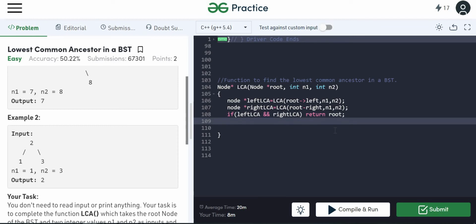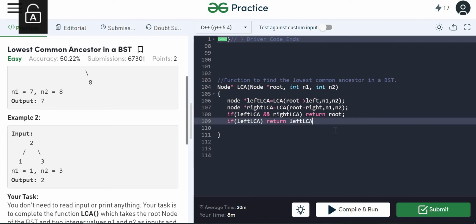And if leftLCA is not equal to null and rightLCA is null, so simply return the leftLCA.